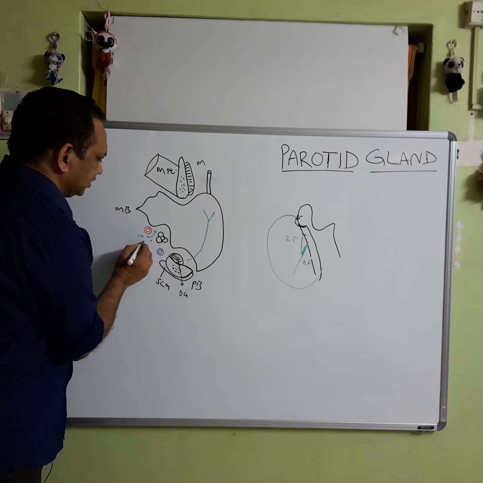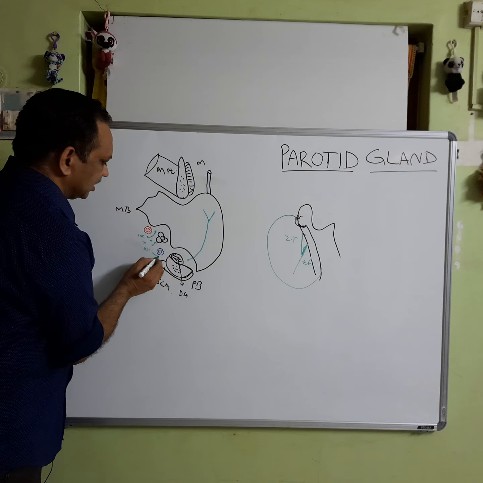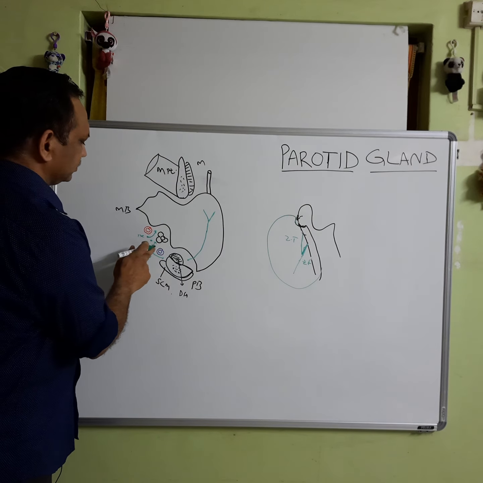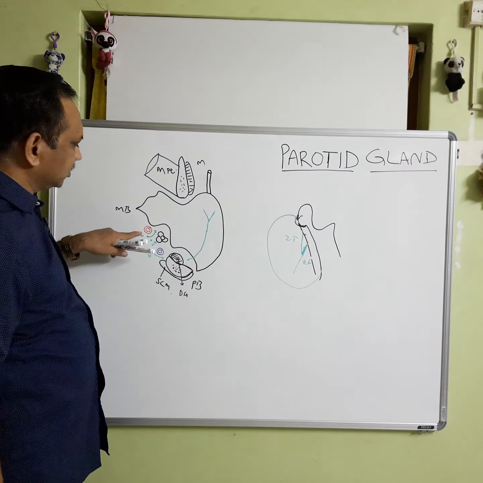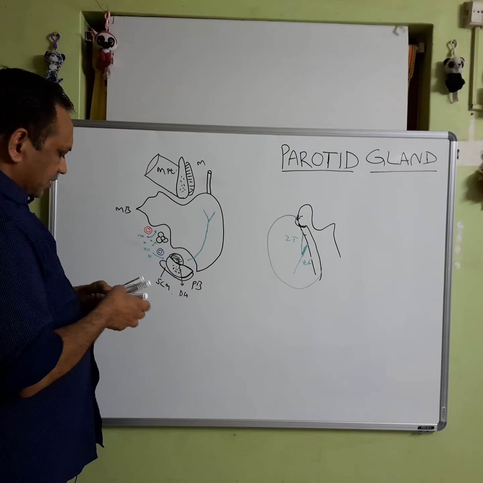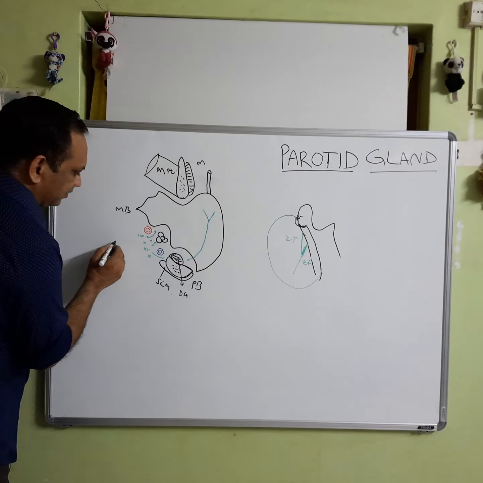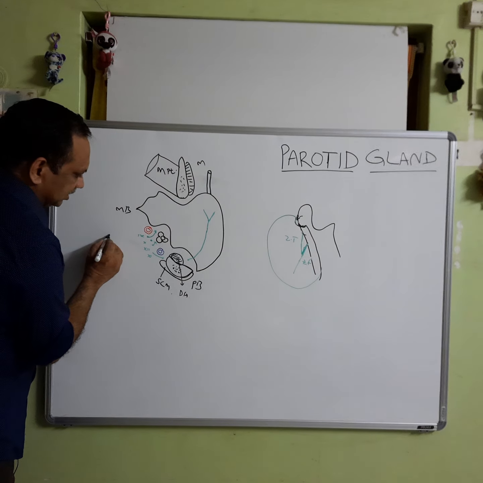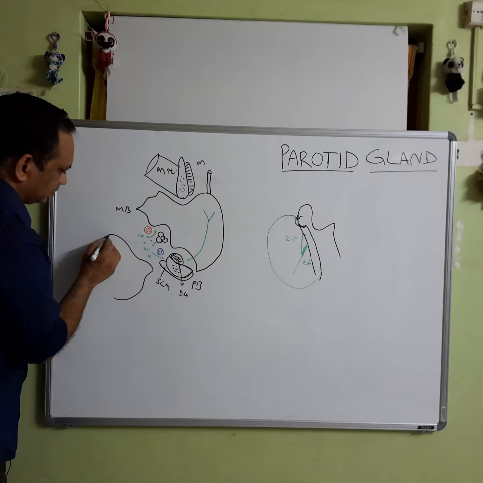So, this is the 9th, 10th, 11th, and this is the 11th and the 12th also going in this direction. So, these are the four cranial nerves related to this surface, and under that we have the first cervical vertebra, the atlas. The atlas is located like this.